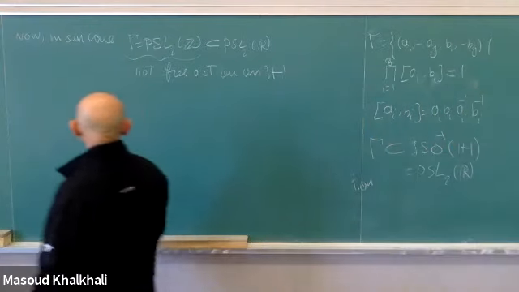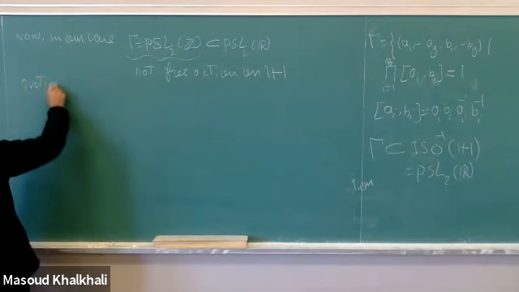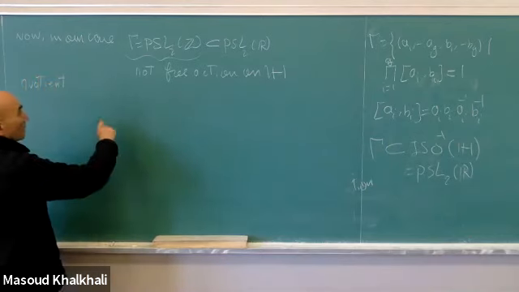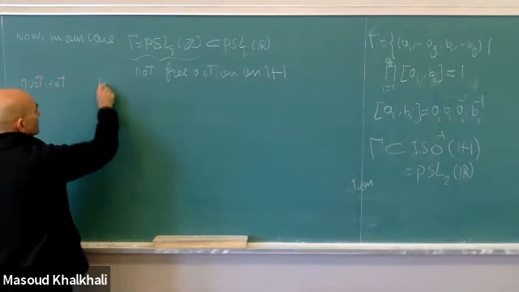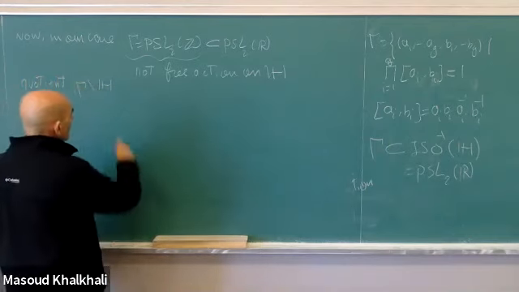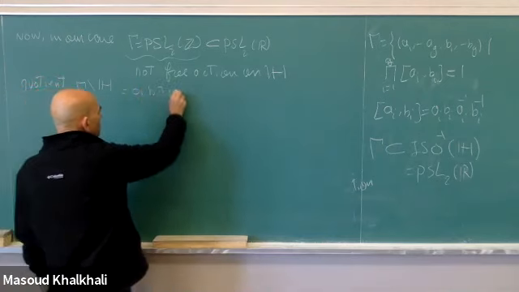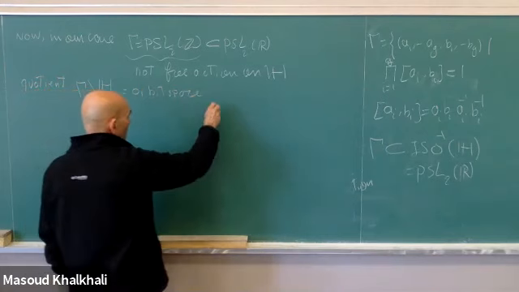So the quotient that we got, H over gamma, the orbit space, turned out to be non-smooth.